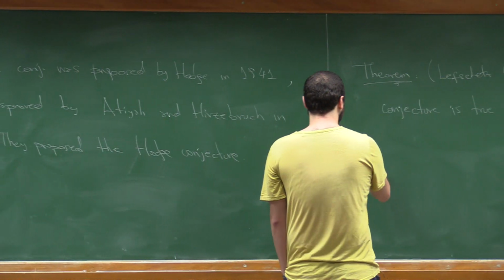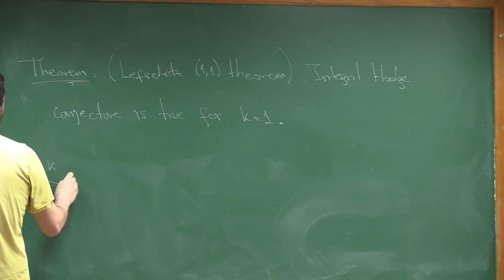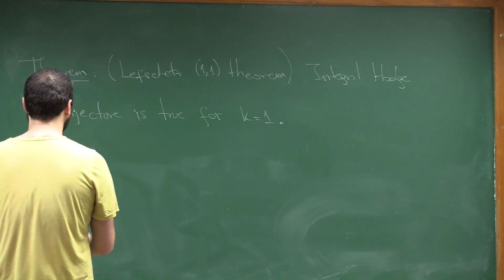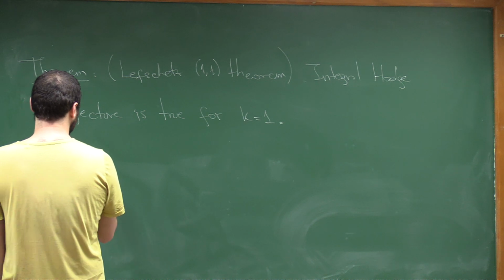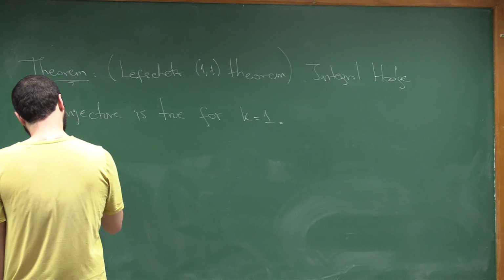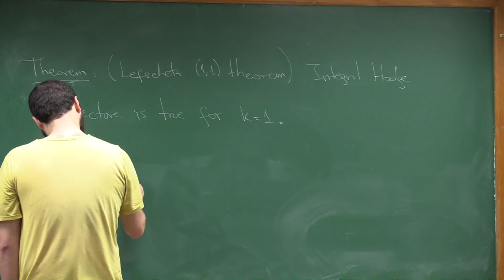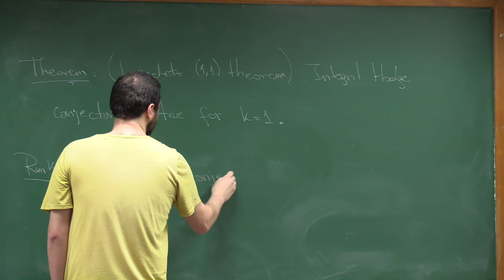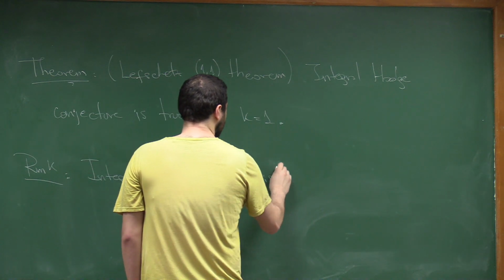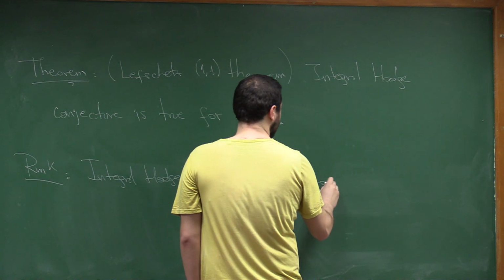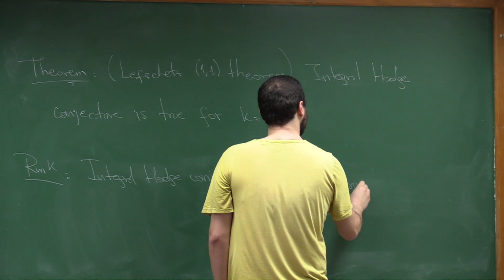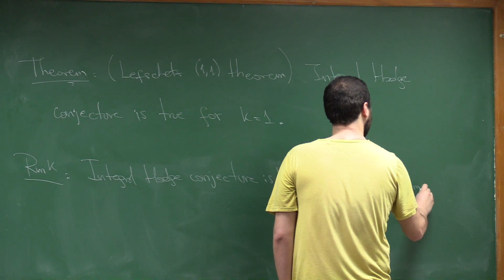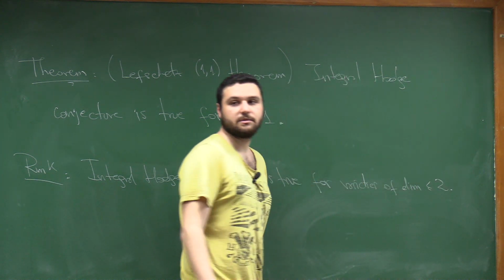Okay, so a remark. After we know the Lefschetz 1-1 theorem, the integral Hodge conjecture is true for varieties of dimension less than or equal to 2, right?